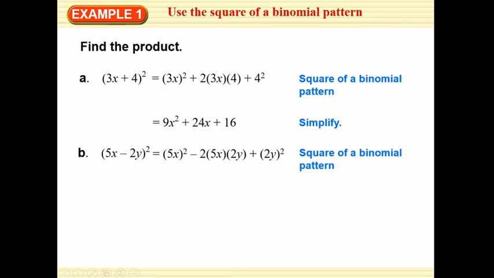I square my first term, and make sure that when you are squaring that, you are squaring the coefficient and the variable. And then I'm going to square my second term, and in the middle I'm going to multiply the first and second term and then double it. And I should end up with 25x squared minus 20xy plus 4y squared.